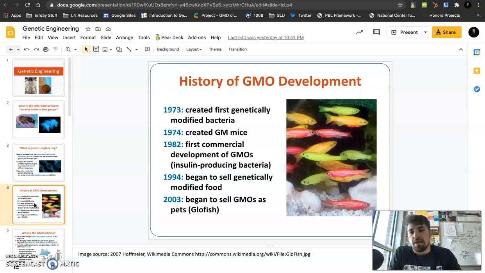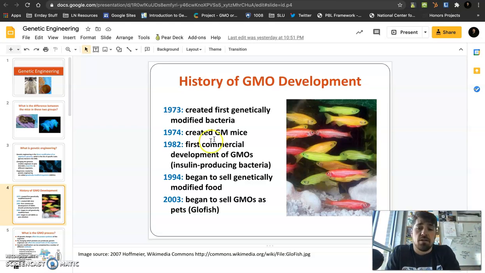That started back in 73 when we created the first genetically modified bacteria. Then we used that technology from that bacteria to create some genetically modified mice, obviously stepping up into larger organisms.